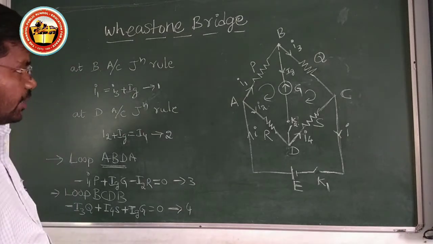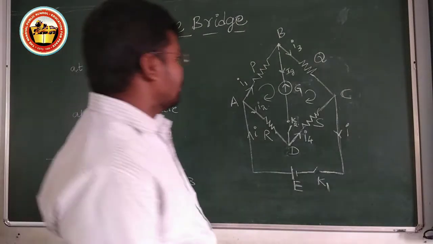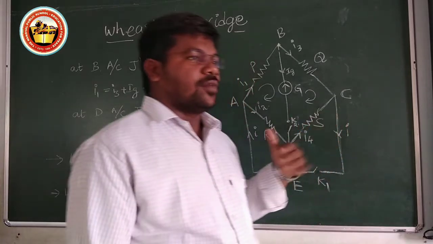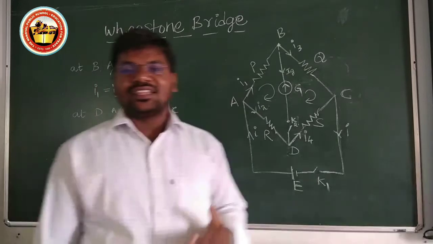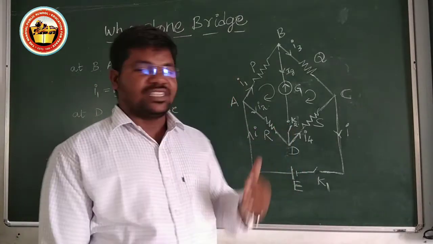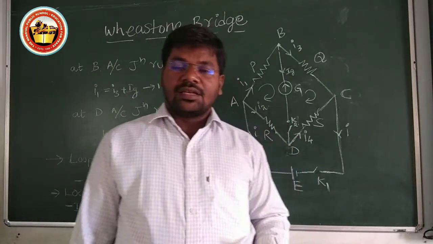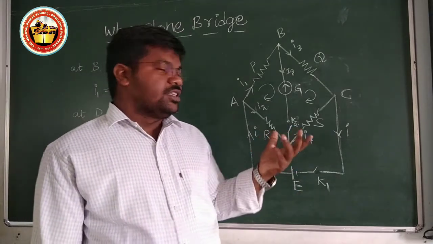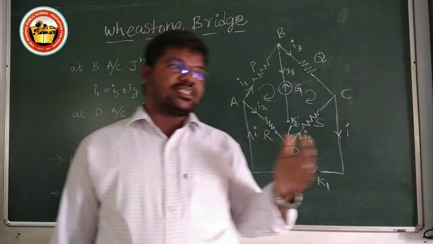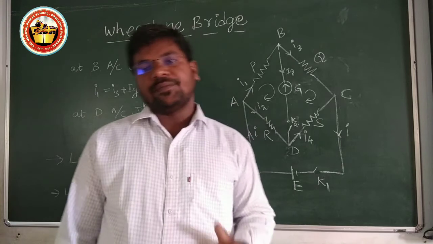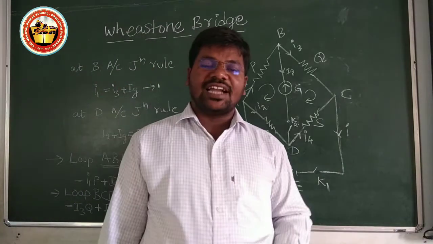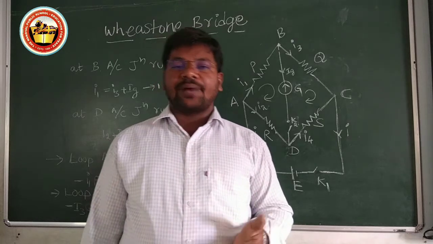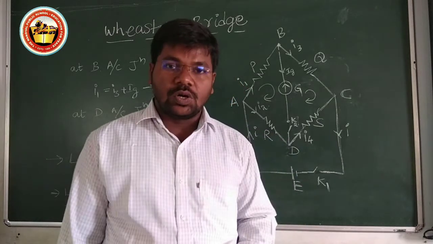Okay, see here, if the four resistors are in the same order, the Wheatstone bridge is sensitive. If the four resistors are in the same order, the bridge is balanced. The balanced condition is that the current passing through the galvanometer is 0.